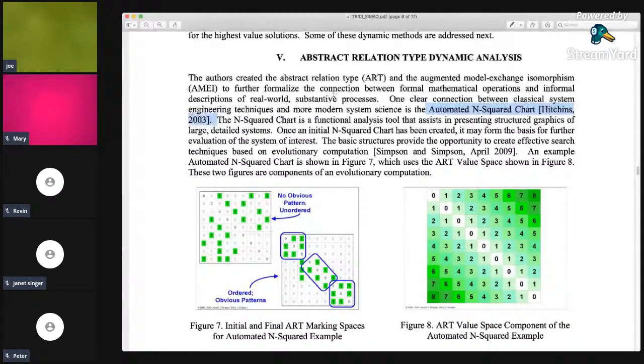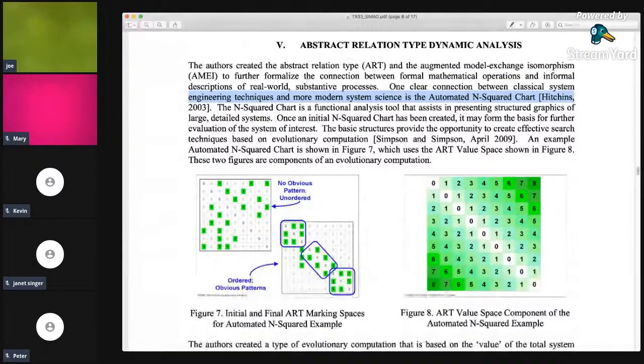So that was the impetus for the abstract relation type at AMEI, so we can have many more types of natural language mechanisms and names associated with these particular application structural types, because the mathematics depends on the logic, not on the natural language name.